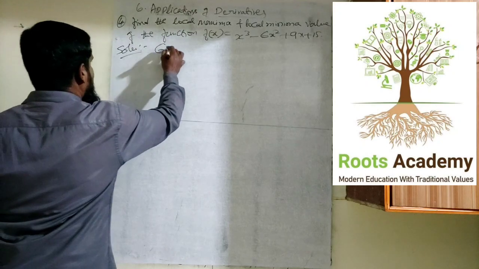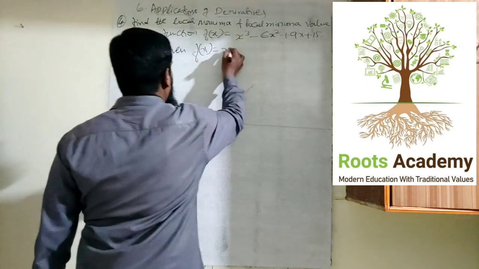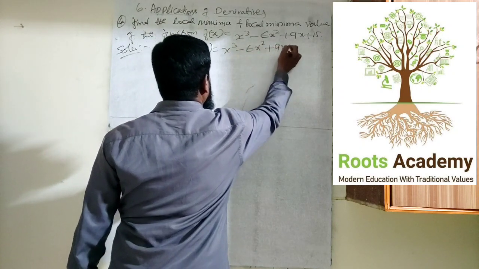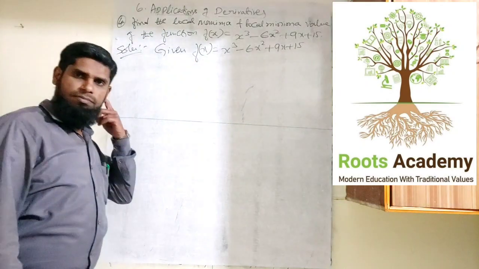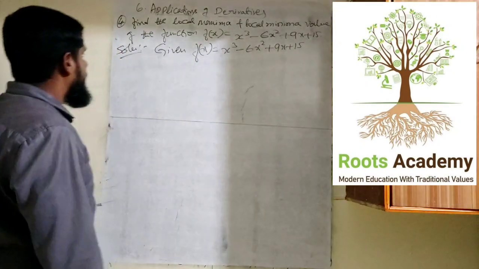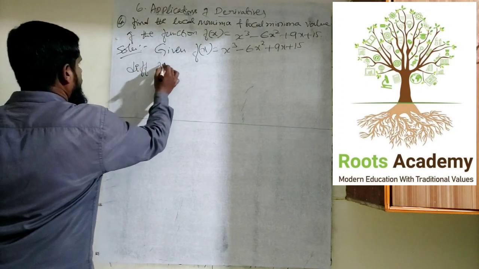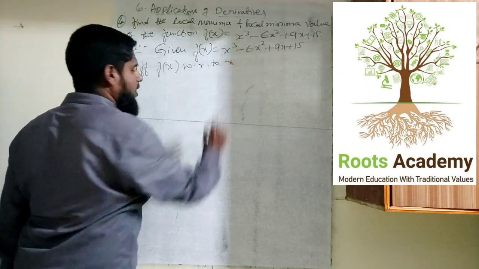So given f of x is equals to x cube minus 6x square plus 9x plus 15. Next, differentiate f of x with respect to x.